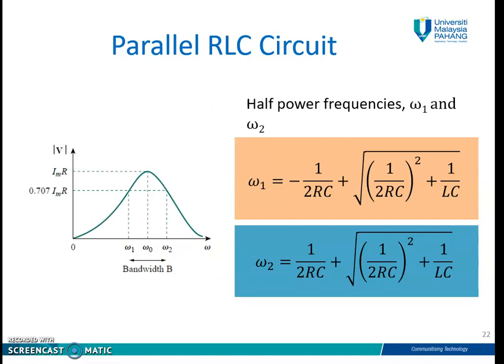To calculate the half power frequencies omega 1 and omega 2, we use the equation given here. Notice that the difference between these two equations is only here: this one positive, this one negative.